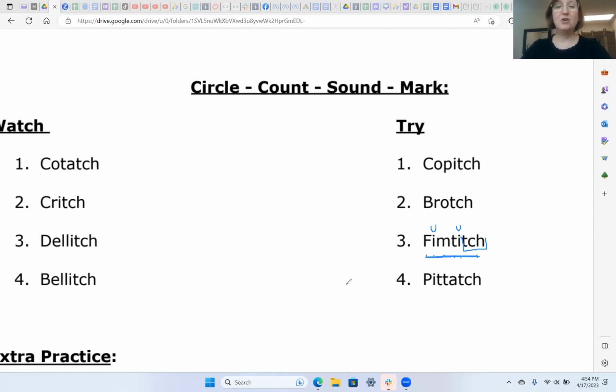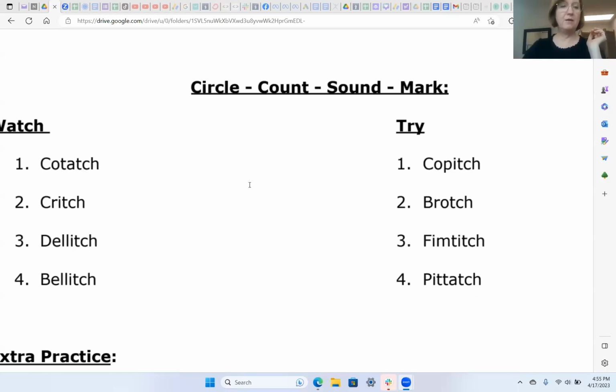Femtitch. Notice the shape of my mouth when I say that word. When it comes to the I sound, it's going to go into a smile like this. If I said ah, my jaw drops and my mouth is narrow. But when you say I, watch when I say it both times in this word. You're going to see my mouth stretch into a smile shape.